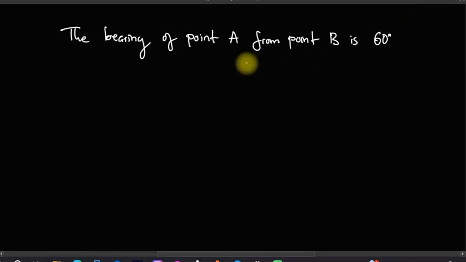Alright, so let's do a case where we have more than one point to deal with. For example, they say the bearing of a point A from point B is 60 degrees. Whenever you are given just an angle, you know it's going to be coming from the north. It always starts from the north.